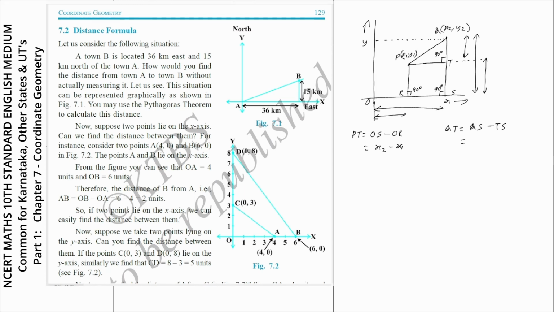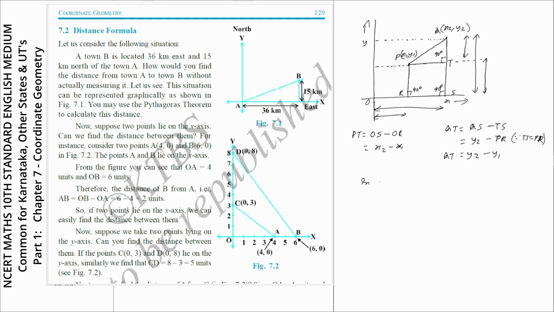And what is TS? TS is equal to PR, because TS is equal to PR. Now what is PR? If I draw one perpendicular from P to the y axis, PR is nothing but y1. So for QT I will get y2 minus y1.